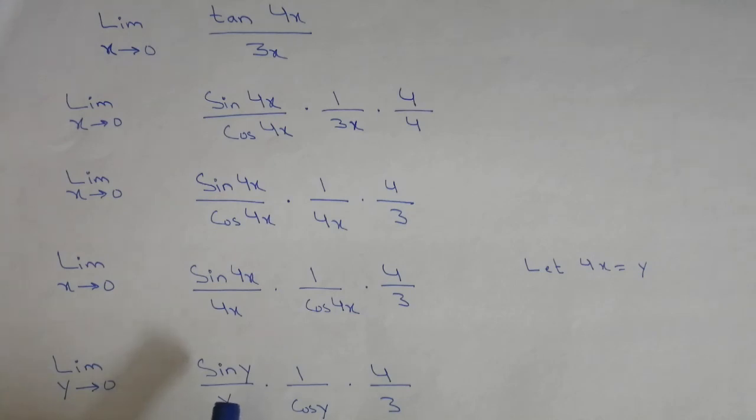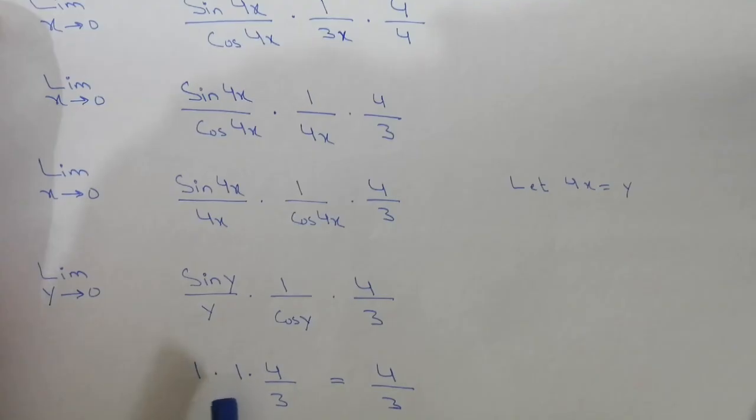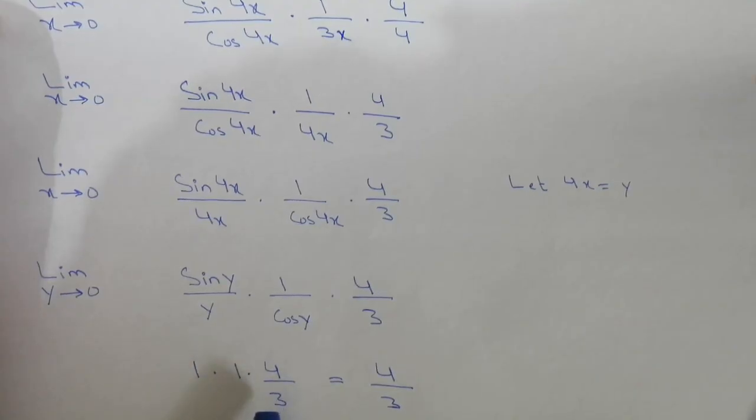So we know that sin y divided by y is equal to 1, into 1 divided by cos 0 will be equal to 1. So 1 into 1 into 4 divided by 3.